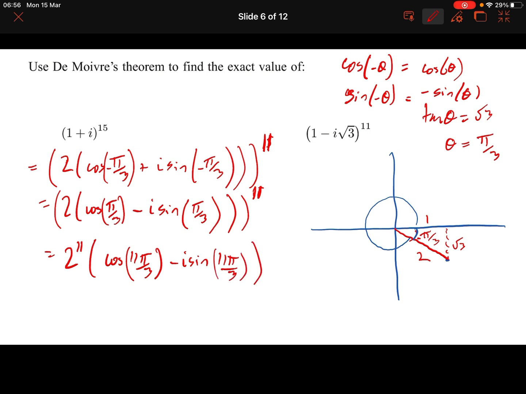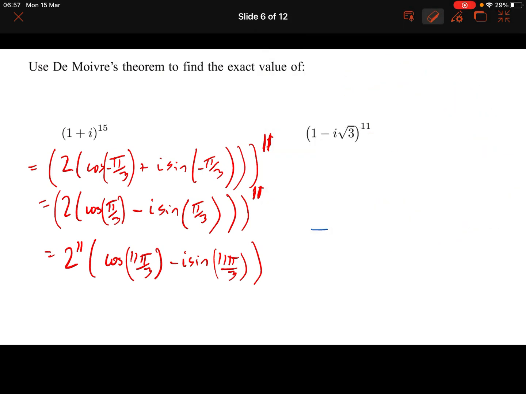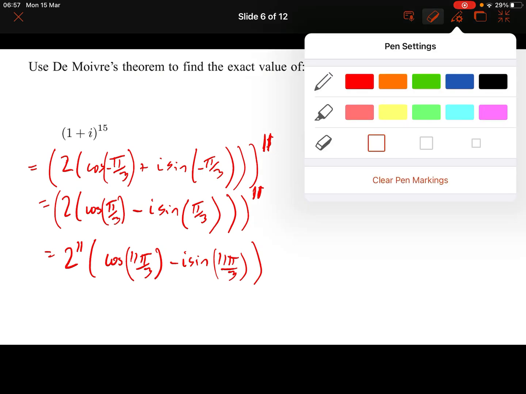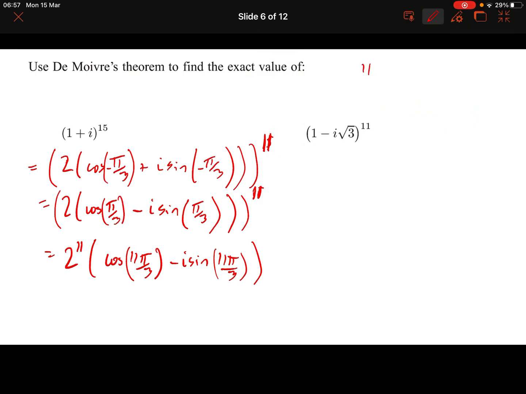Okay. Notice again that the argument is more than 2 pi. So how can I rewrite 11 pi over 3? Well, that is the same as 6 pi over 3, which is 2 pi, plus 5 pi over 3.